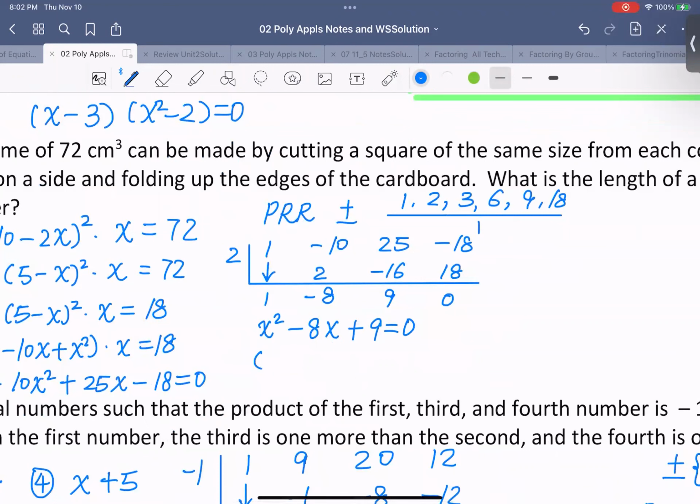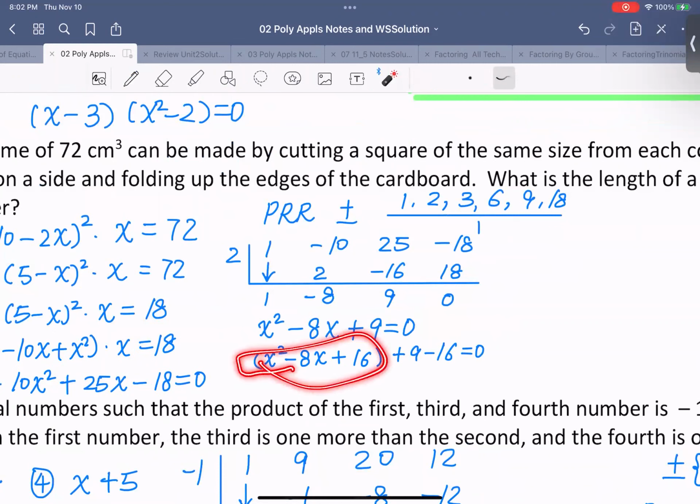X squared minus 8x plus 16. Good. So the outside should be plus 9 minus 16. So it's plus negative 9 minus 16. And who is this? X minus 4 squared. Very good. Equals to positive 7. Good.